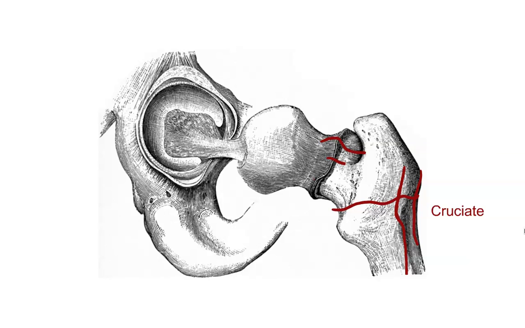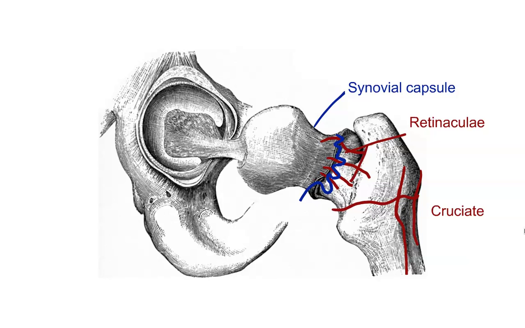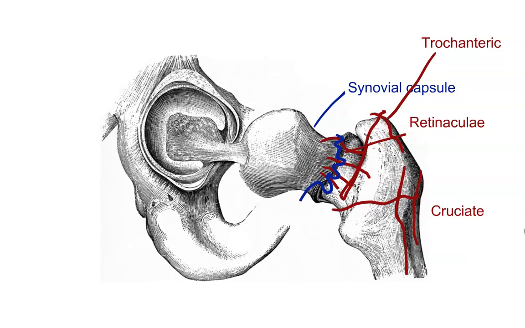Branches running down the neck of the femur drag some of the synovium into little branches and folds called retinaculae. And this is the level of the greater trochanter, where the trochanteric anastomosis is located, between the circumflex femoral artery and a descending branch from the superior gluteal artery.